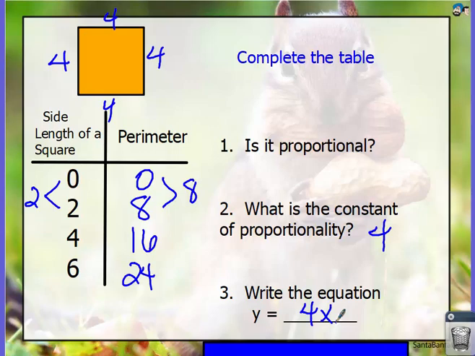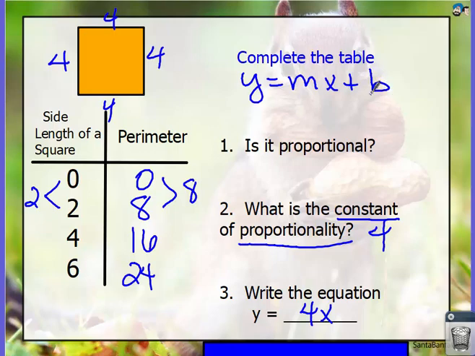What we're looking at today is, what is this constant of proportionality and how does it fit in with what we call direct variation? What we need to remember, and this is kind of a hard thing to think about, is that all the equations we've had so far have been in the form y equals mx plus b, where m represents our slope and b represents our y-intercept.